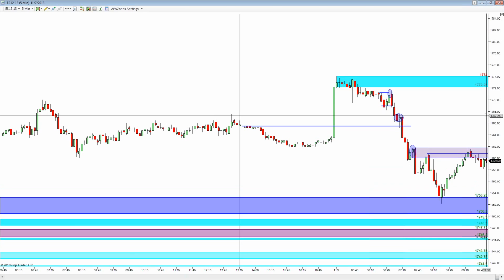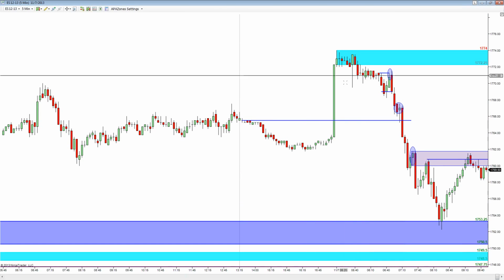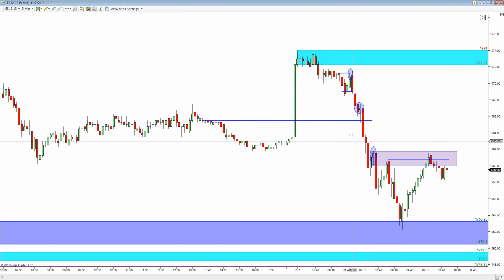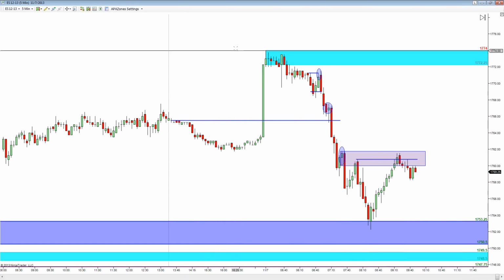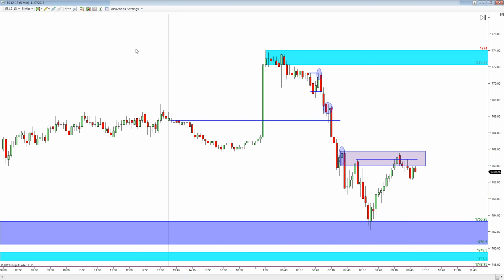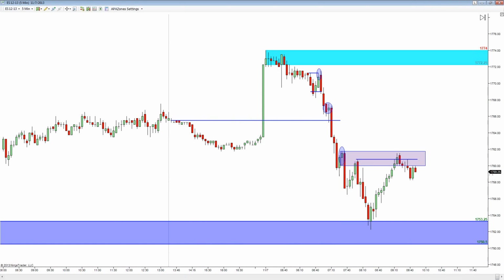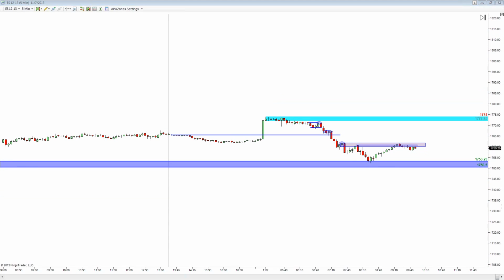Of course the market's never been this high before, with only one supply zone up there, lowly by itself. And it was showing the current zones only. It just makes it look very, very clean. I like that a lot.